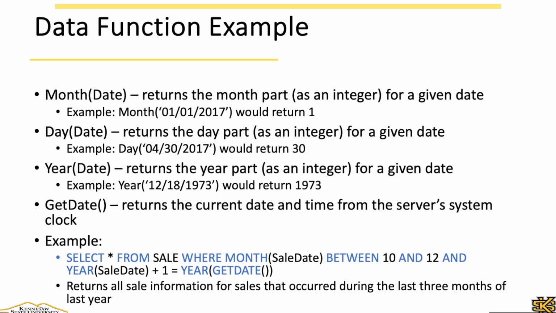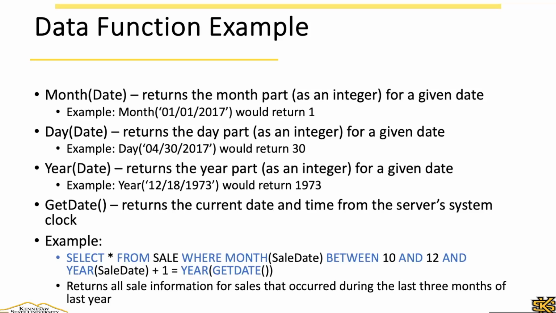To filter the previous year's sales, we compare the year of each sale using year of sale date plus 1 equals year of getDate. This ensures that the query only retrieves all sales from October to December in the year before the current one, before the one that we are in right now.